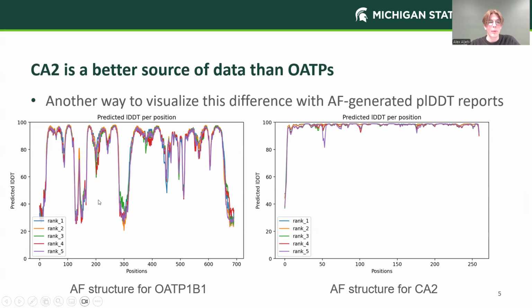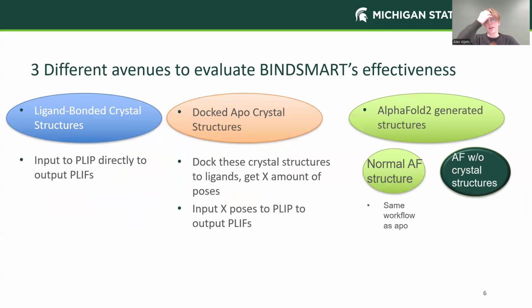With OATP 1B1, which was one of the better performing OATPs, it's pretty often not confident at all. And with CA2, it's pretty much always in the high 90s for its confidence. So it's a lot more comfortable with CA2.